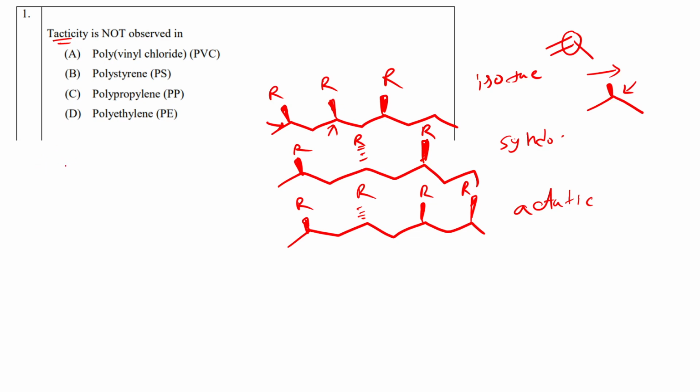It is polyvinyl chloride, so well known. Here we have a vinyl group. This would be your monomer. If we look into this monomer, this is the prochiral center.